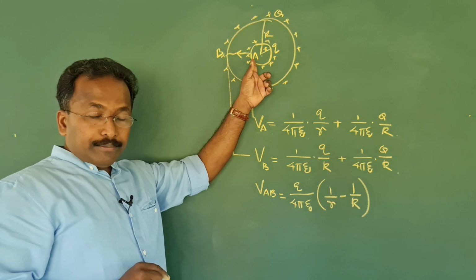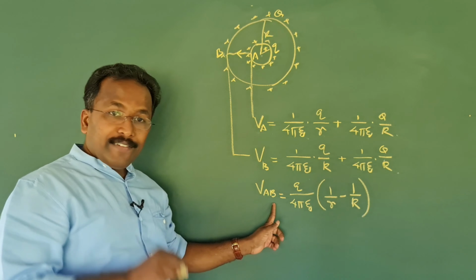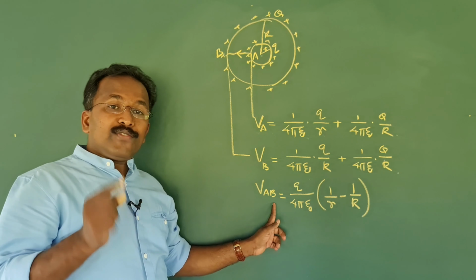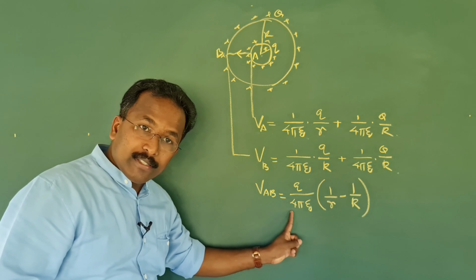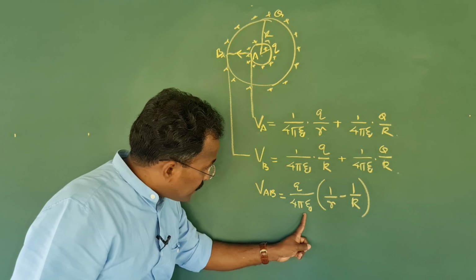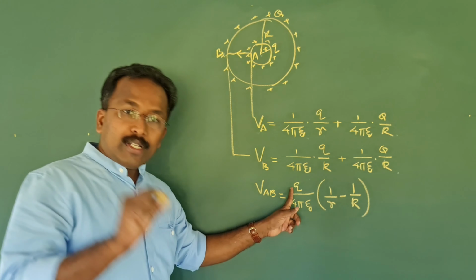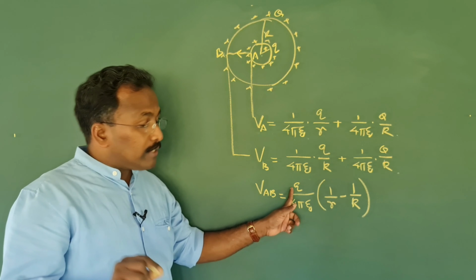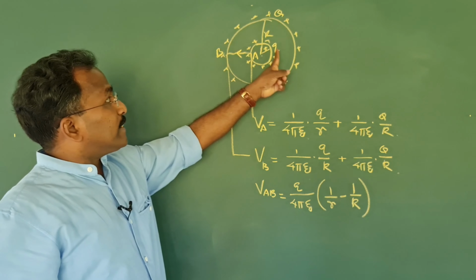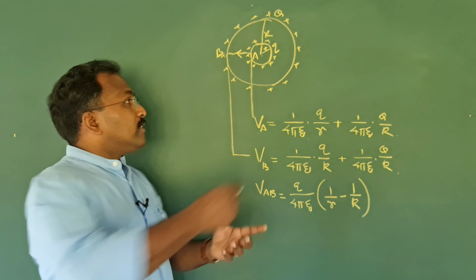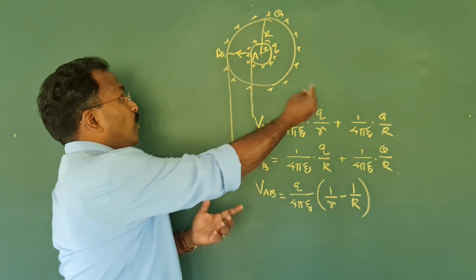Potentials are equal means potential difference is 0. So charge flows till this factor is 0. This factor is 0 only if small q is 0. That means charge flows till small q is 0, means the whole charge flows out.